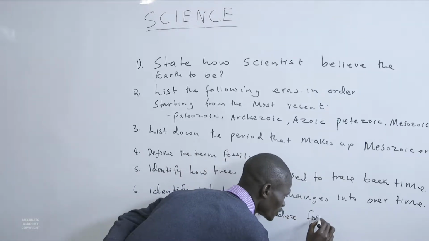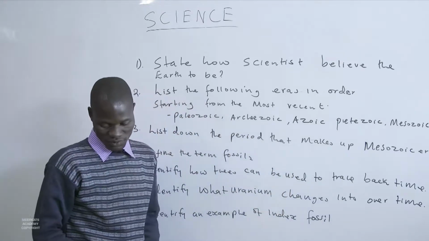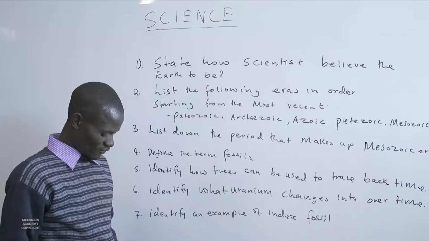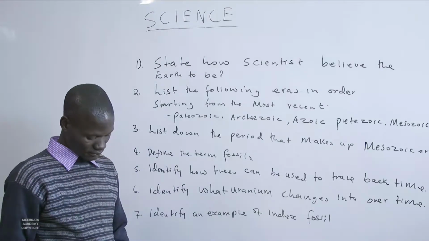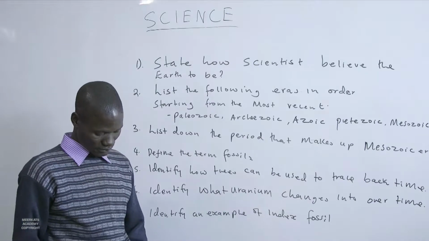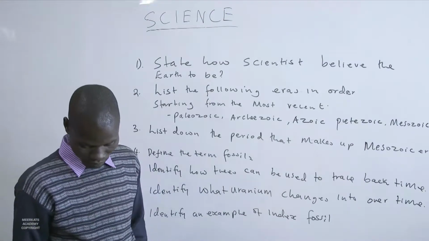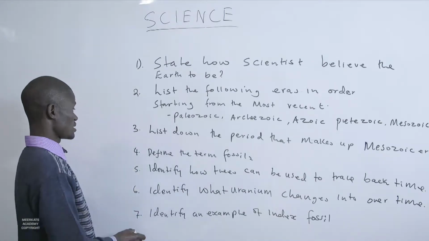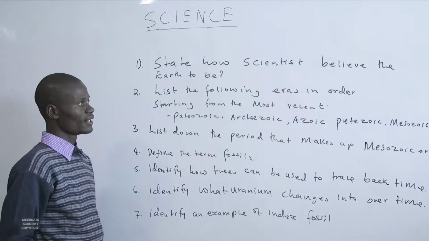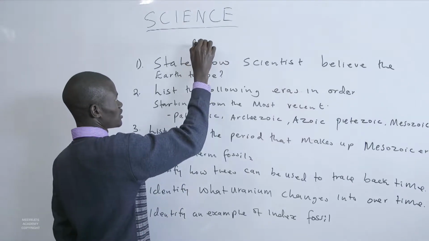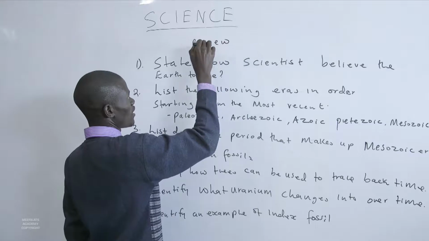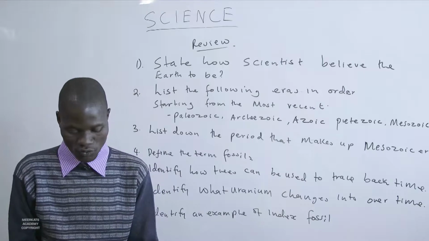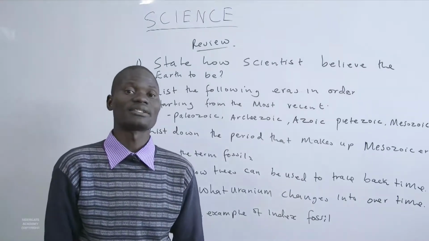Those are the 7 questions that will help us to review our part on the geological period. Then as we move on, we shall be able to look at radioactivity.